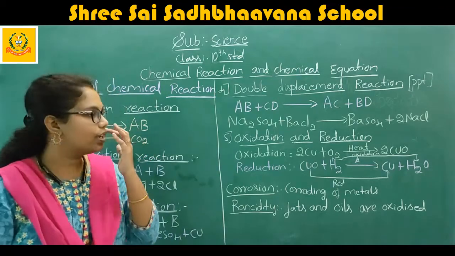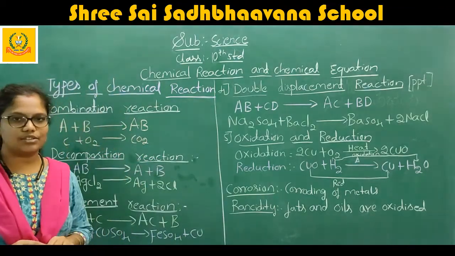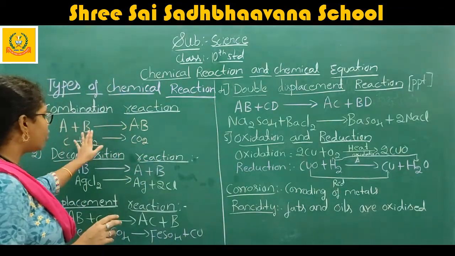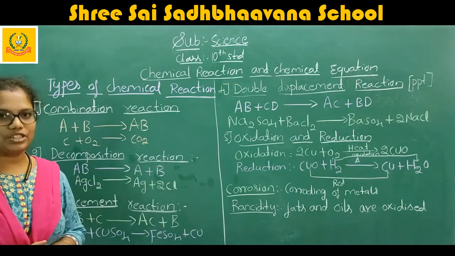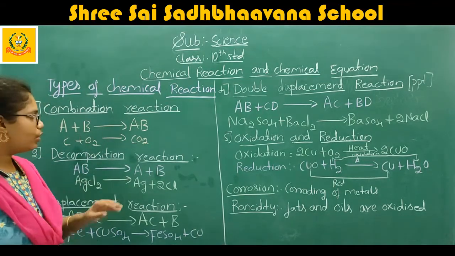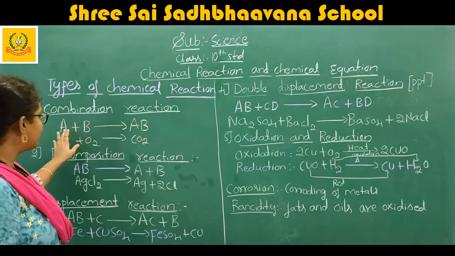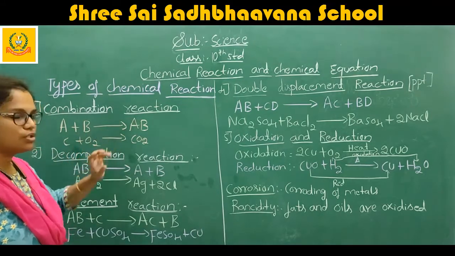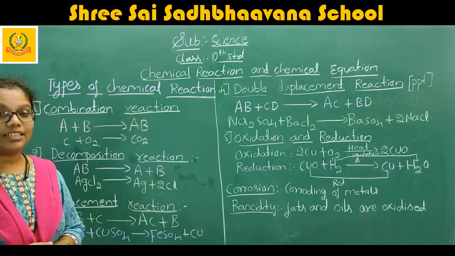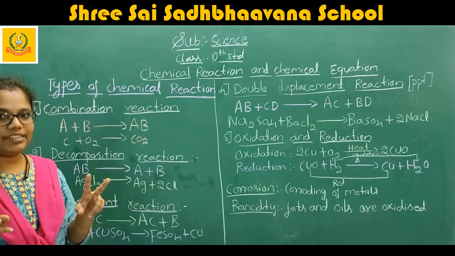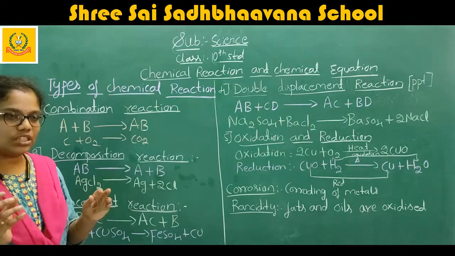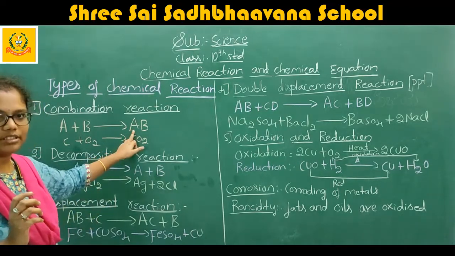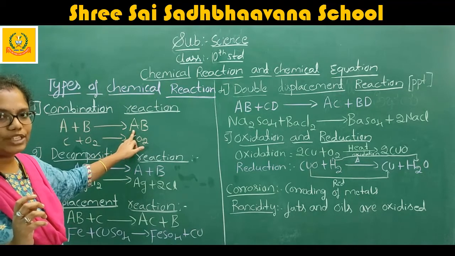If you see the first one, that is the combination reaction. This is the general form of writing the combination reaction: A plus B gives rise to AB. That is, the two reactants combine with each other to form one product. This is known as the combination reaction.